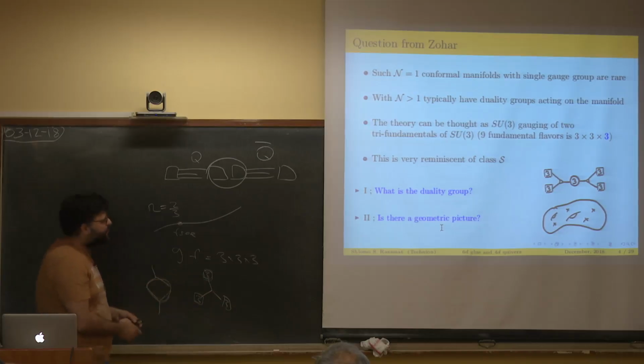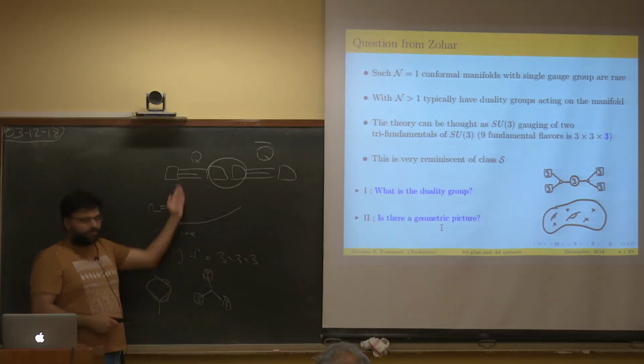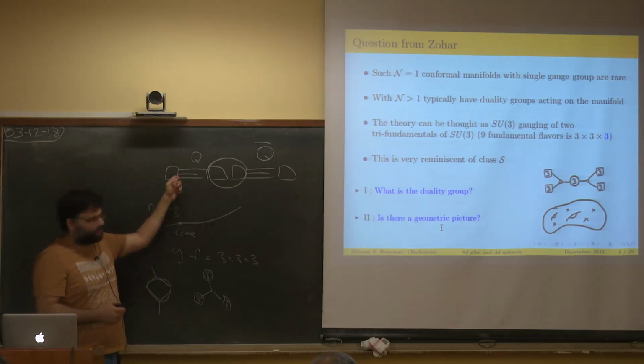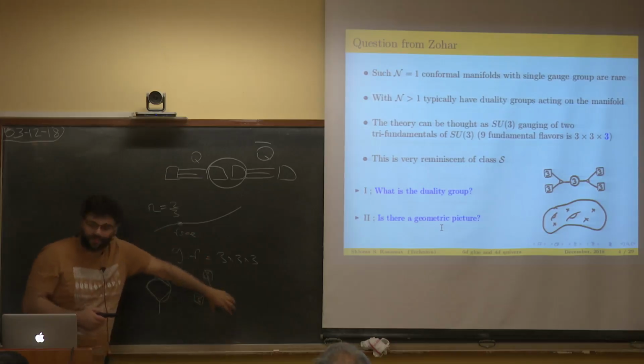For example, this theory has a baryonic symmetry somewhere on its conformal manifold. It's not broken there, but at a generic point, it will be broken, okay? So these types of baryonic symmetries will be broken. And actually, in this case, we will review it, also the symmetries which correspond to these SU(3) symmetries will be also broken.